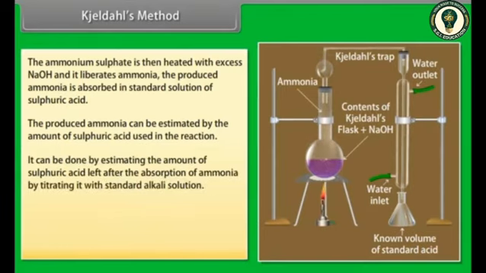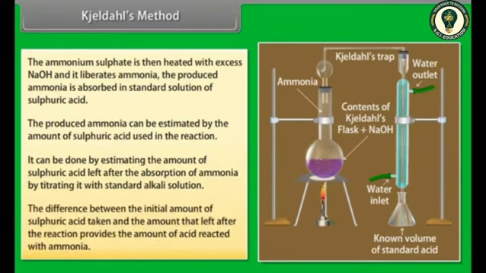It can be done by estimating the amount of sulfuric acid left after the absorption of ammonia by titrating it with standard alkali solution. The difference between the initial amount of sulfuric acid taken and the amount left after the reaction provides the amount of acid reacted with ammonia.